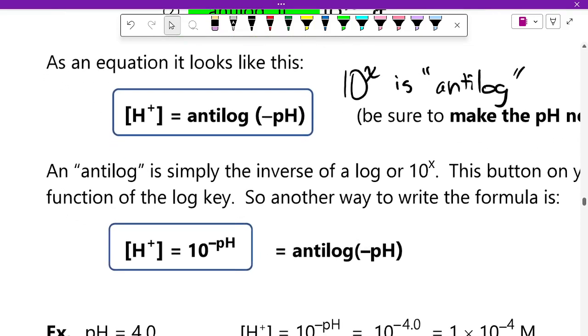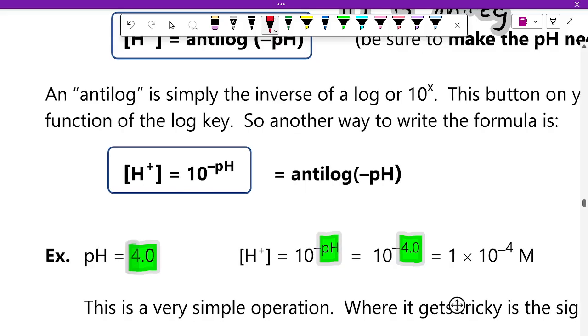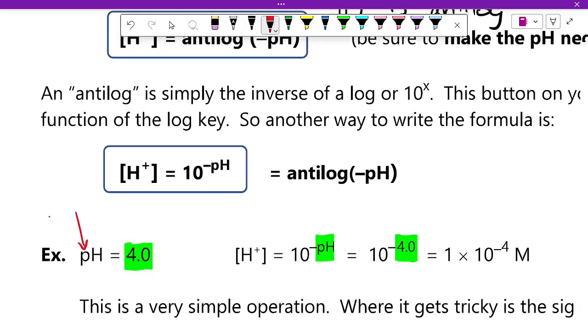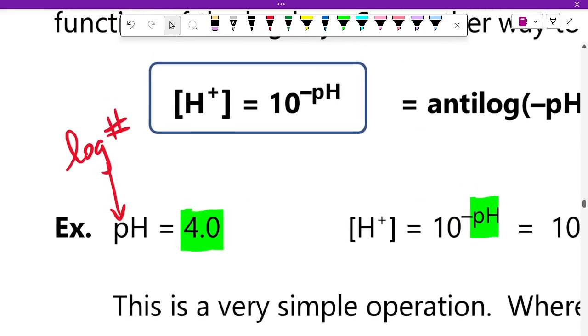So if the pH is 4, hydrogen is 10 to the negative pH, which is negative 4.0. This is very simple, but how many sig figs in the pH? Remember, pH is a log number. How many sig figs in 4.0? 1 sig fig, right? Because pH has had a log taken.